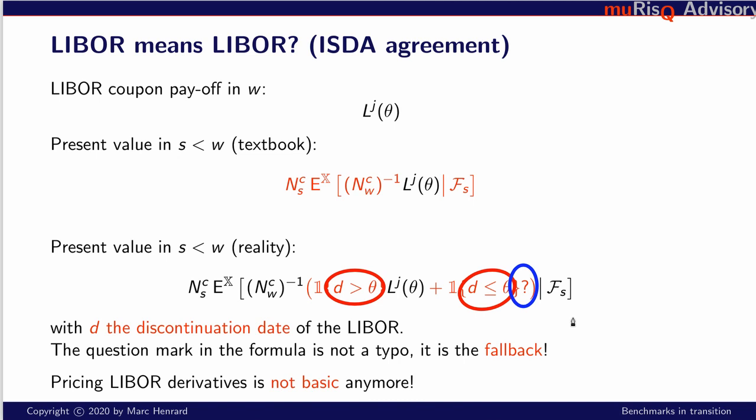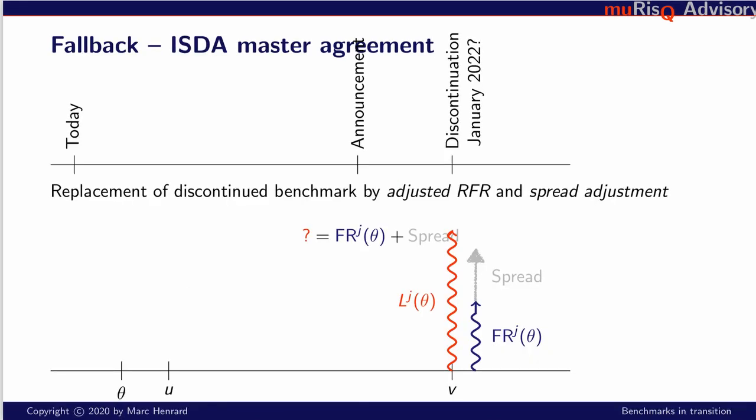And the fallback is to try to solve that problem and replace that question mark by something a little bit more precise. So let's explain that in a timeline. I'm starting at the top left. We are today. We expect the discontinuation to come maybe in 2022.